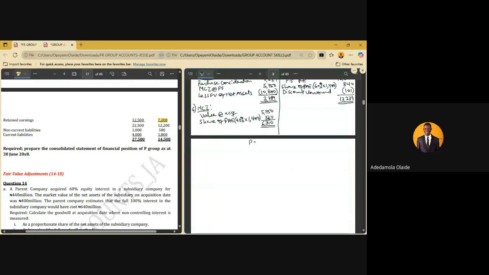So we can now go ahead and say P group consolidated statement of financial position as at 30 June 20x8.